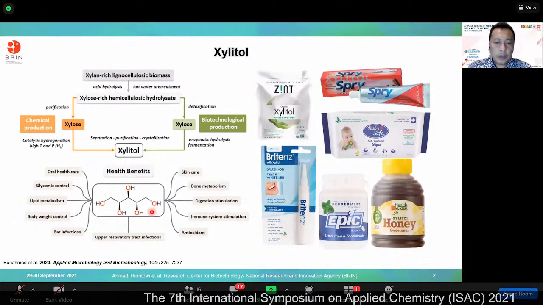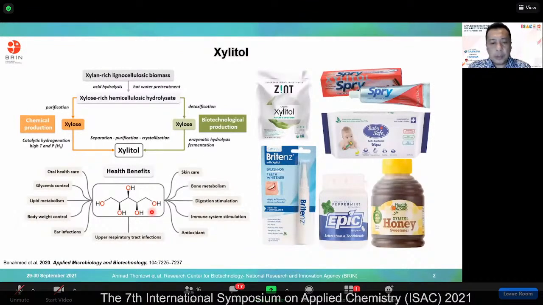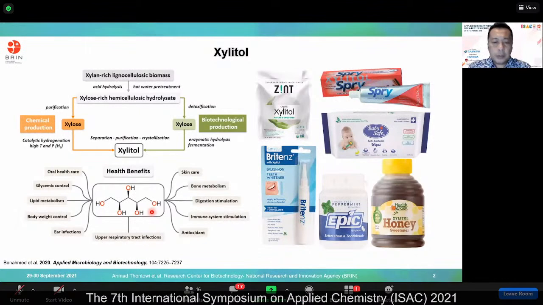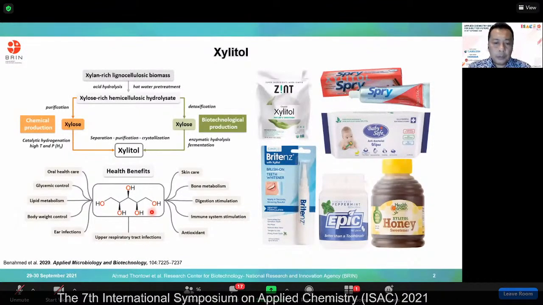Xylitol has almost the same sweetness as sucrose, but with an energy value of 3 calories per gram compared to 4 calories per gram for sucrose.